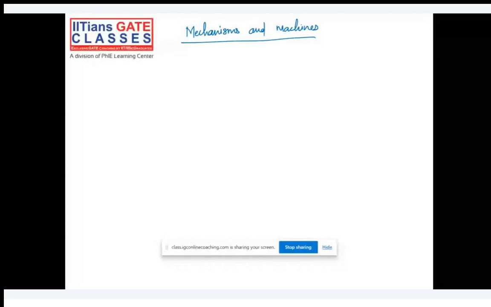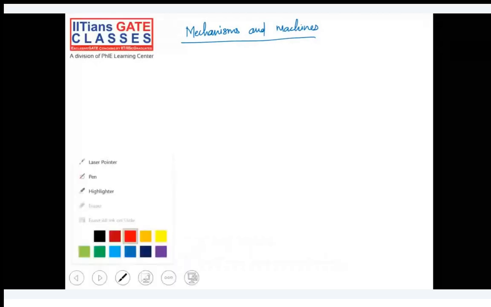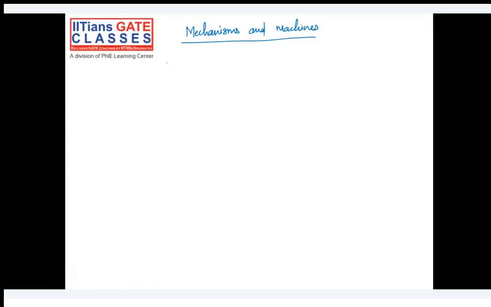In this case, there are three types. One is completely constrained motion. The next one is incompletely constrained motion. And the third one is successfully constrained motion.